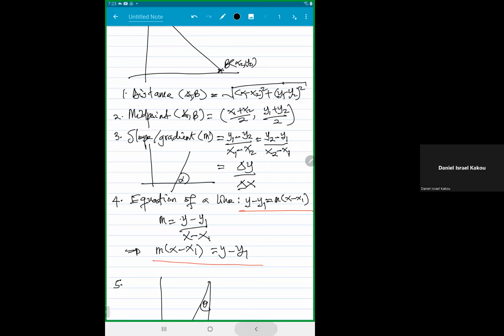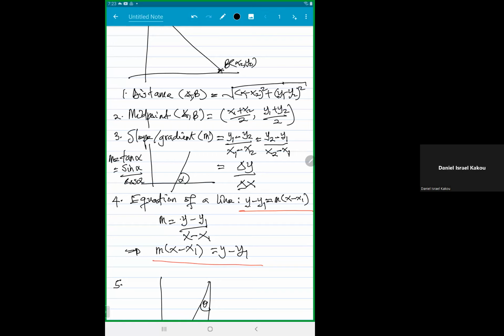Now, the slope of this line I just drew can be calculated from the angle it makes with the x-axis. So the slope m of this line is also basically tan of alpha, from sine of alpha over cos of alpha.